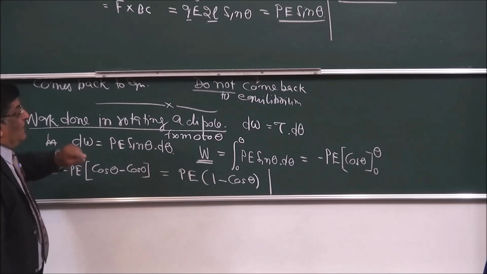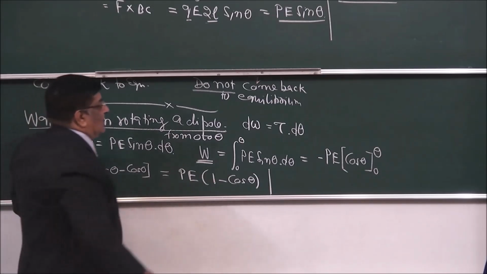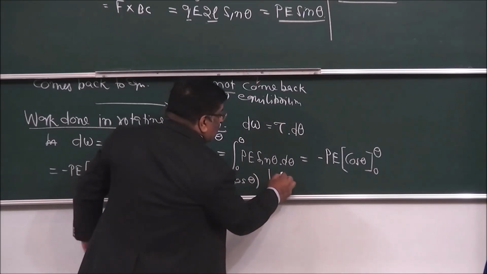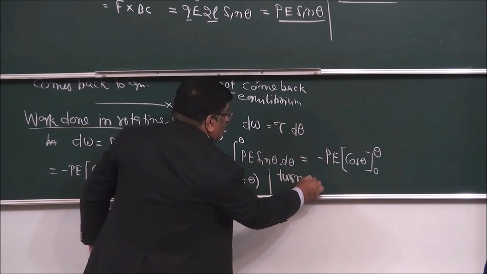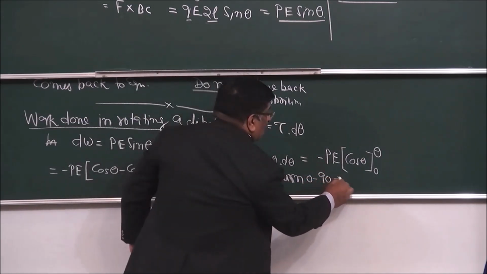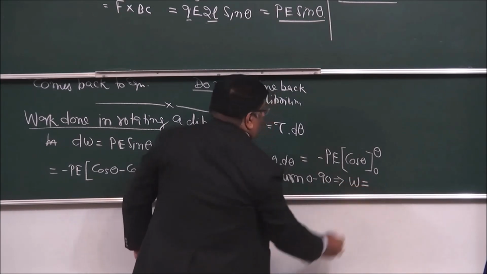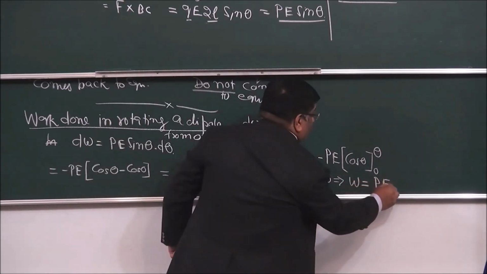So when we turn it from 0 to 90, we get work done is equal to PE. Very simple.